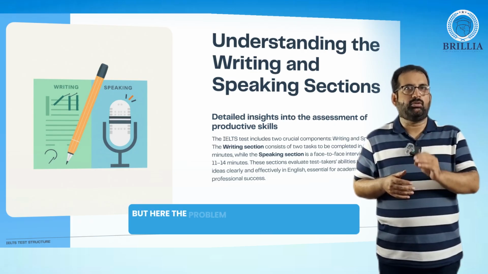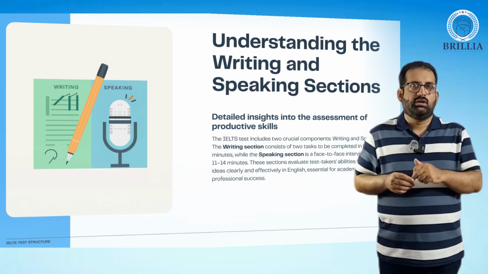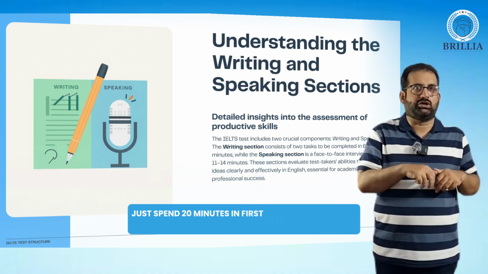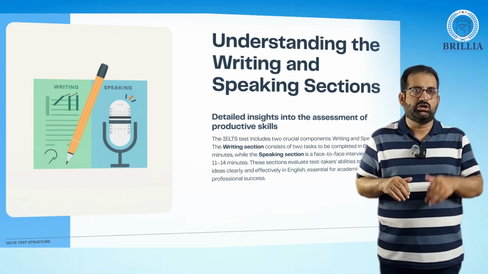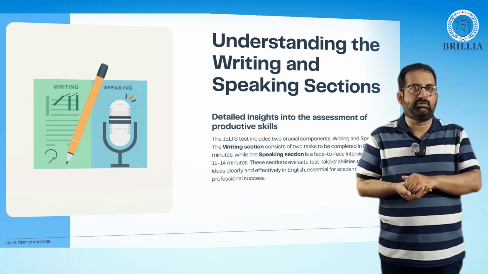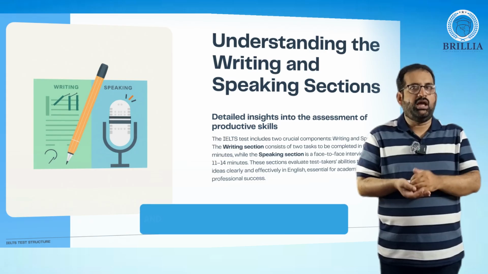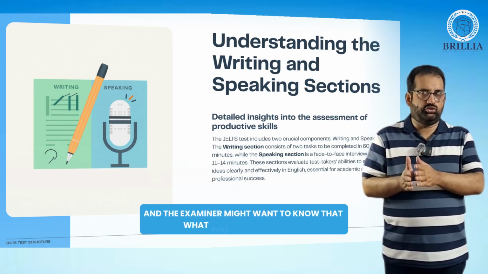But here the problem is you will get 1 hour for both of these 2 tasks. But in my recommendation, just spend 20 minutes on the first task and 40 minutes on the second task. Because in the second task, you have to write an essay in which you have to give your own opinion and the examiner might want to know what you are thinking.